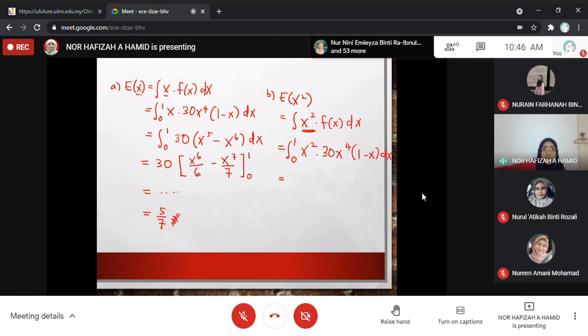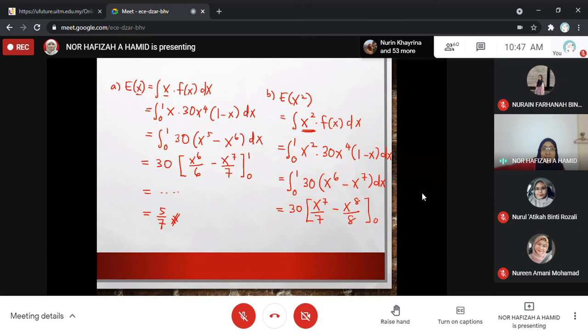Next you simplify first. You have 0 until 1 and 30 times x power 6 minus x power 7 dx. Then you integrate: the 30, and integrating x power 6 you have x to the 7 over 7 minus x to the 8 over 8, with limit 0 until 1.